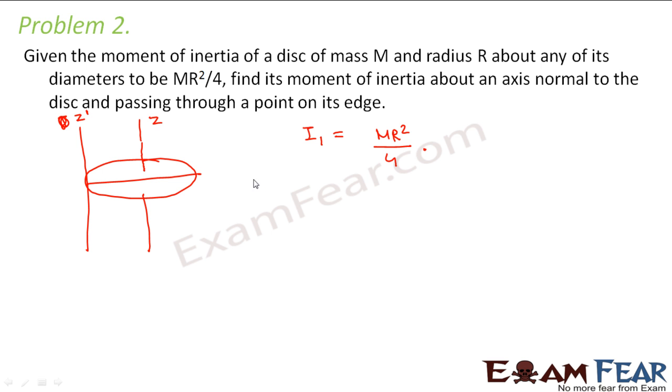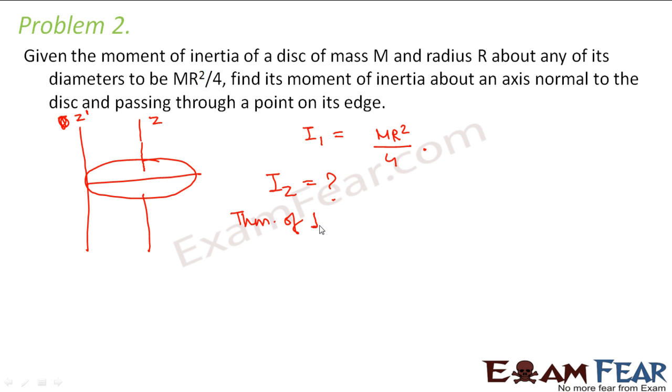Now, first of all, we have to calculate the value of moment of inertia about the z axis, because if we calculate the value of Iz, then by applying the theorem of parallel axis, we can very easily calculate the moment of inertia about the z dash axis. Now, how do we calculate the value of Iz? By using the theorem of perpendicular axis.